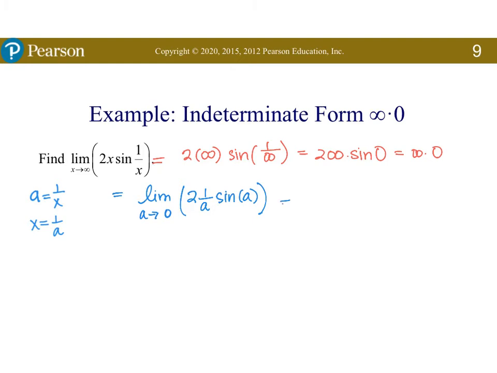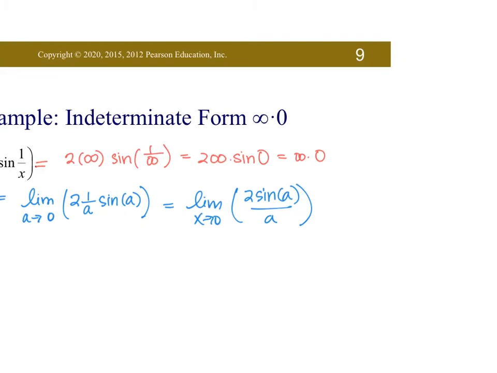And what that does for me is it creates the following limit: 2 sine a over a as a approaches 0. Now when I plug 0 into this, I get 2 times the sine of 0 over 0, which is 0 over 0, which is an indeterminate form that justifies me using L'Hopital.